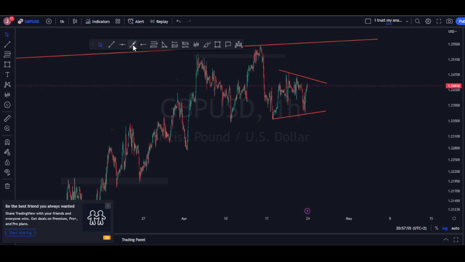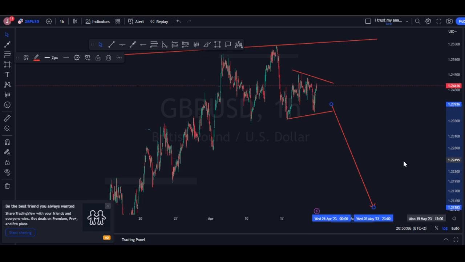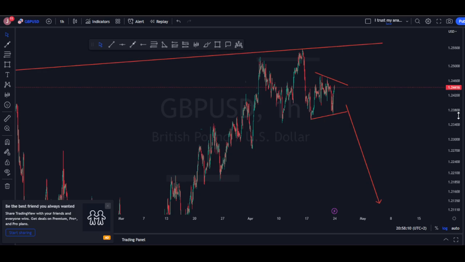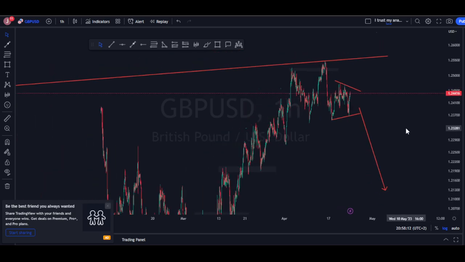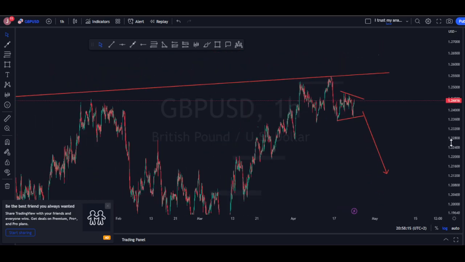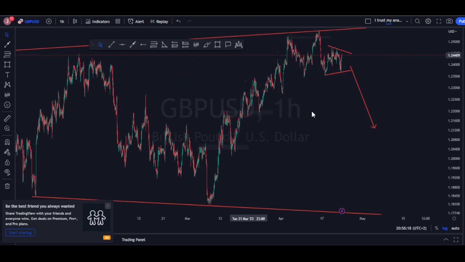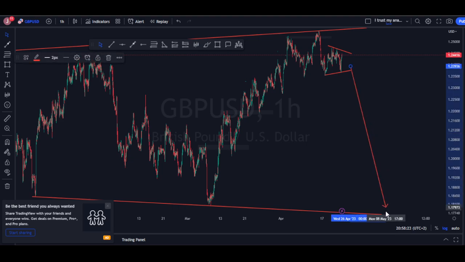So we could be looking for possible sells to the downside, all the way until the low.